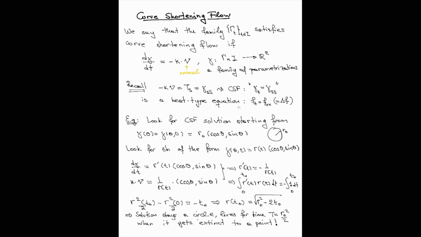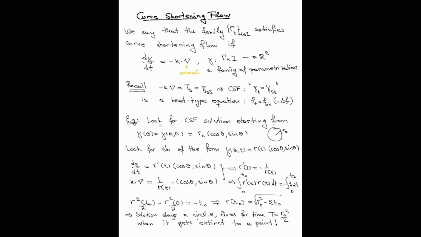So we can actually use techniques from the heat equation and try to apply them to curve shortening flow. Now, before I say more about this, let me make an example. What happens with a circle? Let's try to find a solution to the curve shortening flow starting from a circle of radius r0.